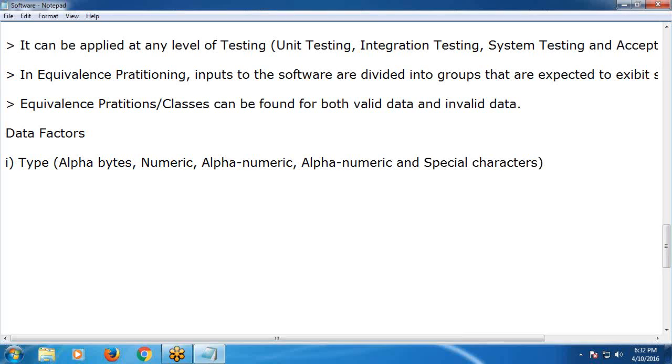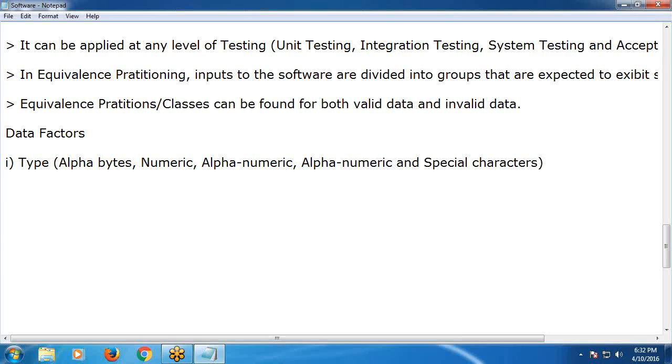For example, the phone number field accepts 10-digit numeric values. Numeric is the type, and 10-digit is the size of the data. Next, the city name field accepts alphabets.